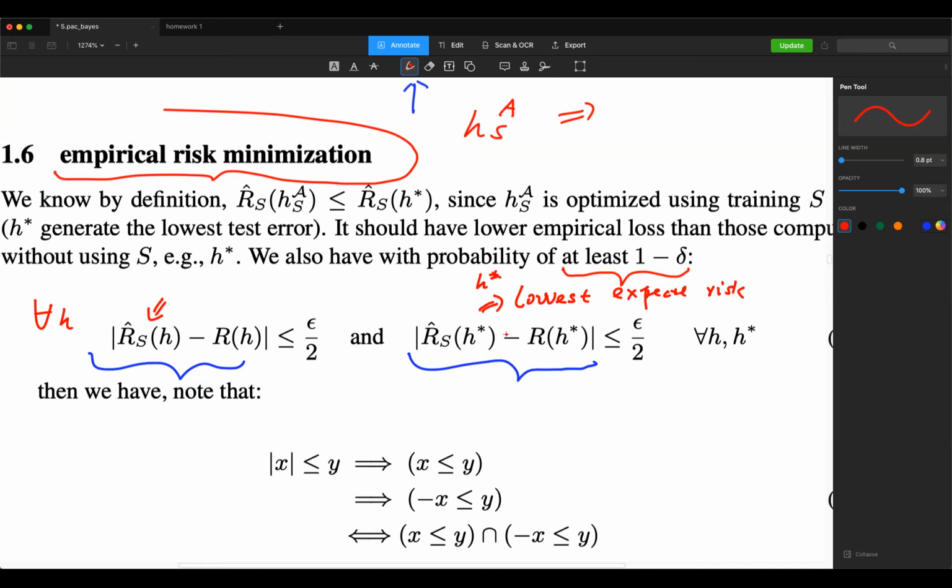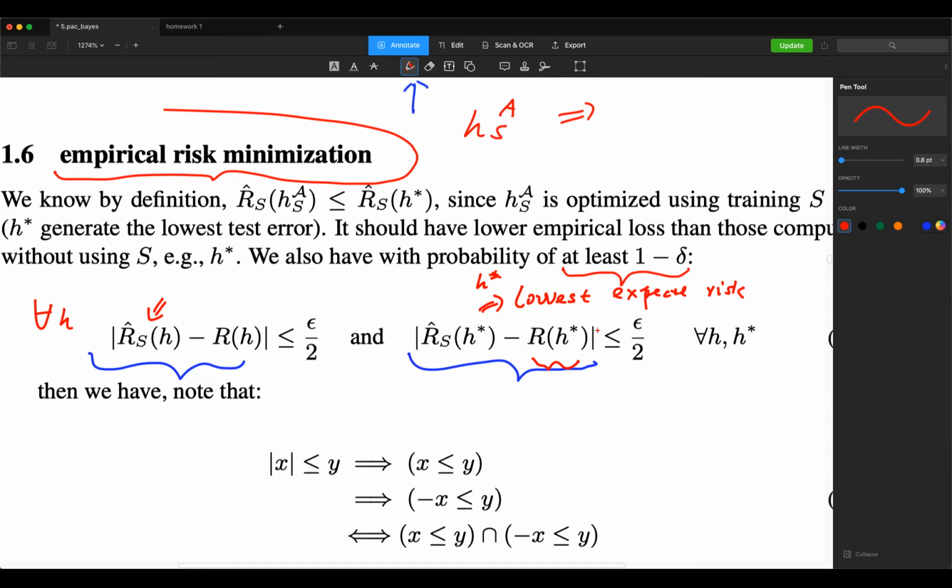So it's not guaranteed that it's going to minimize your empirical risk. And what's this? This is your expected risk, so this term will be very low, because H star is minimizing that. Is that clear? Are we all clear with these terms?